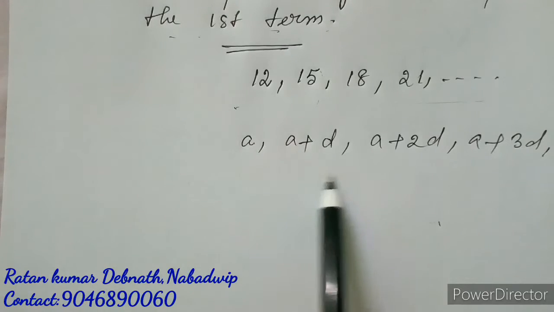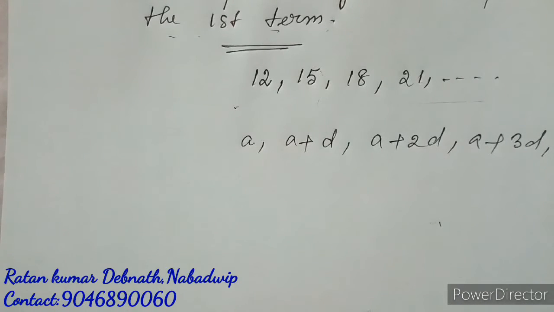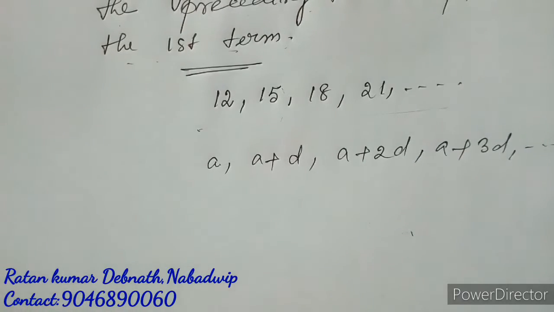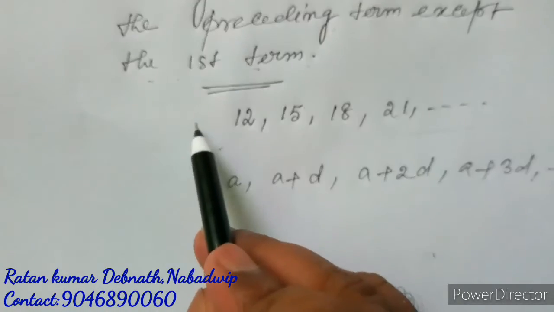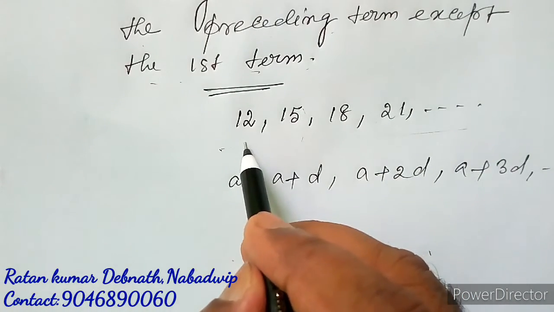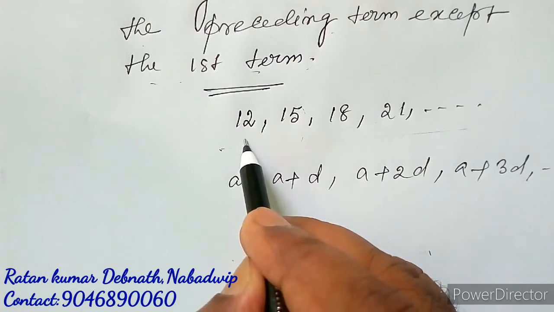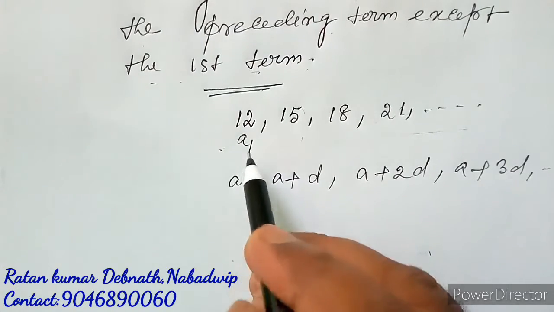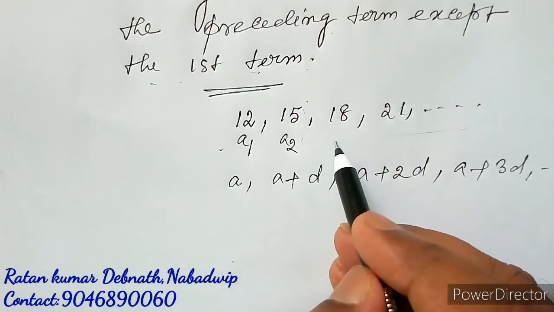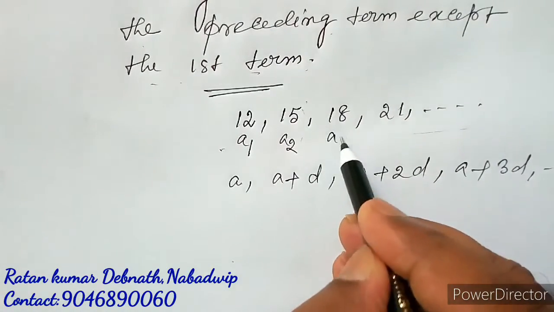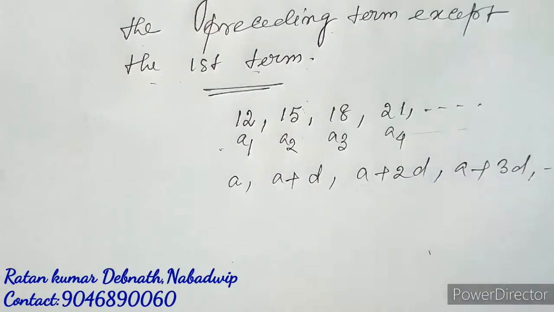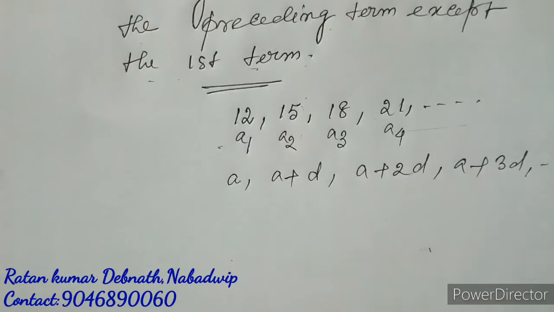So this is the most general form of an AP series. In this example, this is the first term, and the first term we write as a1. So a1 equals 12, a2 equals 15, that is the second term, third term equals 18, and fourth term equals 21.